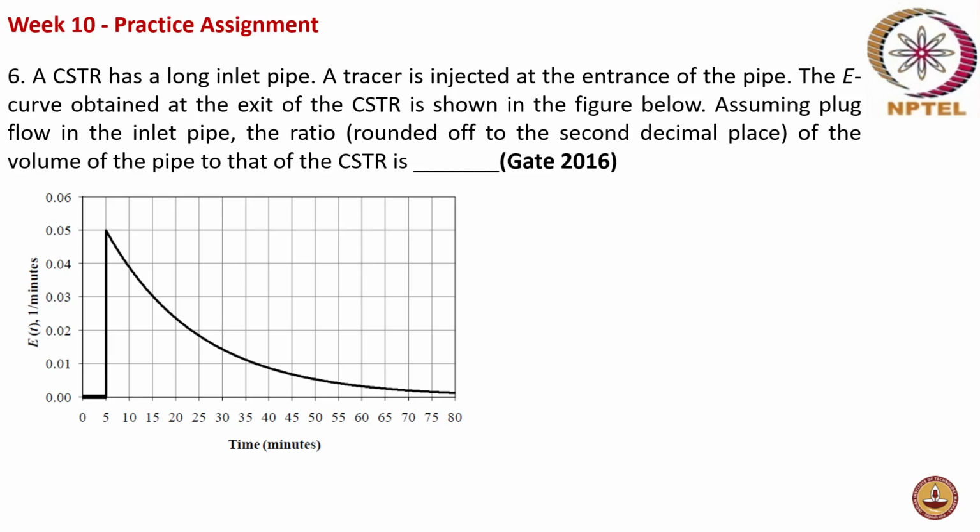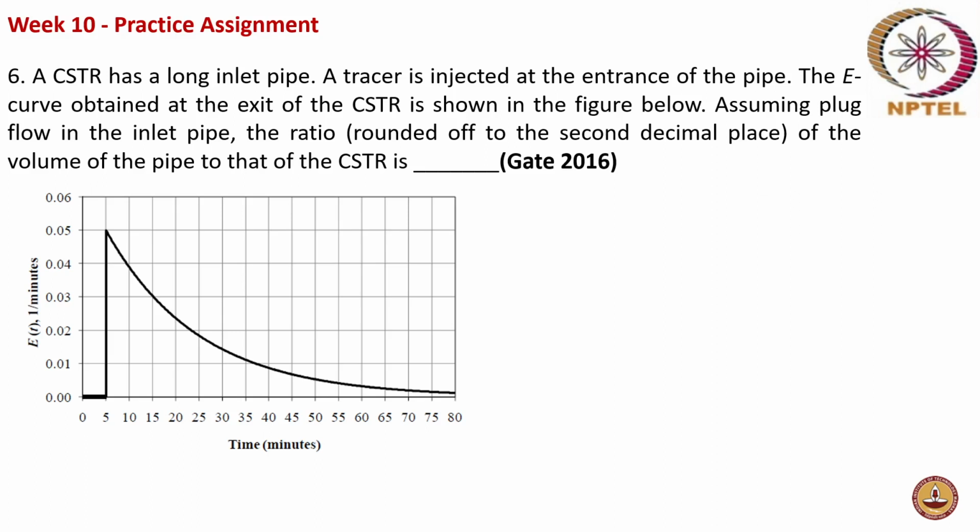Assuming a plug flow in the inlet pipe, what is the ratio of the volume of the pipe to the volume of the CSTR? This is a GATE 2016 question.